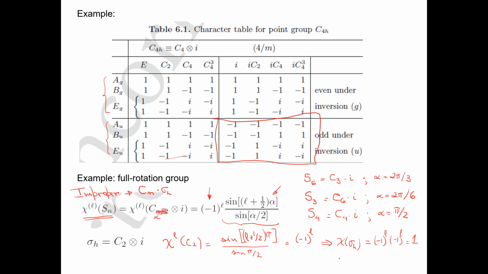This is also the same for a diagonal plane or for a vertical plane, because you can always take these different planes and construct these reflection operators as combinations of a given C2 axis and inversion.